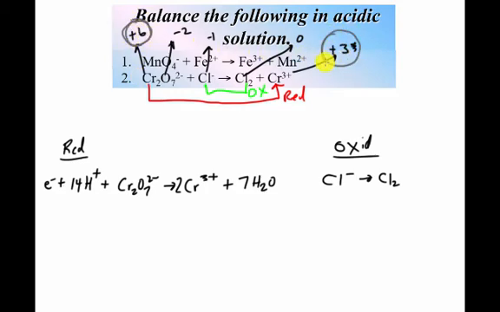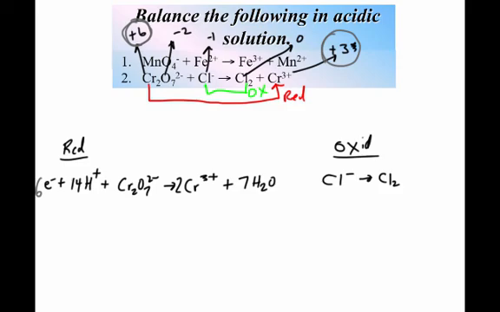That is per chromium atom. Right? So each chromium atom is going to gain 3 electrons because we're going through reduction. But I have 2 of them. So they have to gain 6 electrons. Right? Because each one is going to gain 3. So try to look at that, see if you can figure out what I'm talking about because of the number there. If not, we'll talk about it in class.